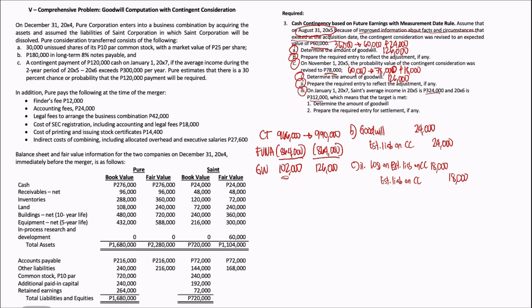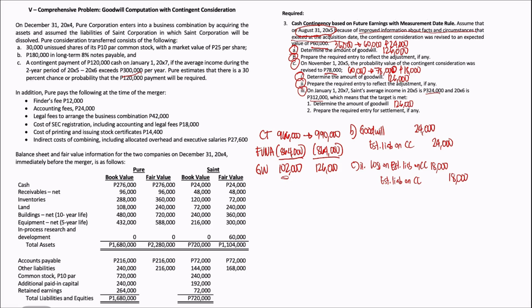Both these averages exceed the target of $300,000. Since this is a post-acquisition event, we do not anymore adjust goodwill. Hence, goodwill remains as is at $126,000. Since the target is met, the $120,000 contingent consideration becomes payable.